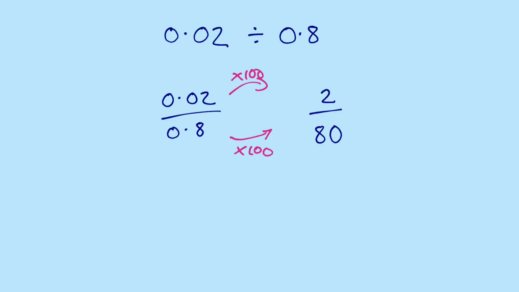Now, as I said before, when the bottom is greater than the top, it's absolutely fine to leave your answer as a fraction. However, there's one thing we must do with this answer. Can you remember what that is from an earlier clip? That's right, we have to simplify our fraction. So we divide the top and the bottom by 2. And that will give us our final answer of 1/40th.